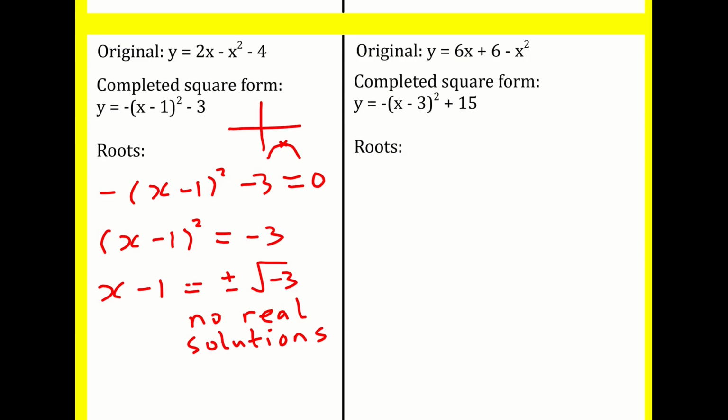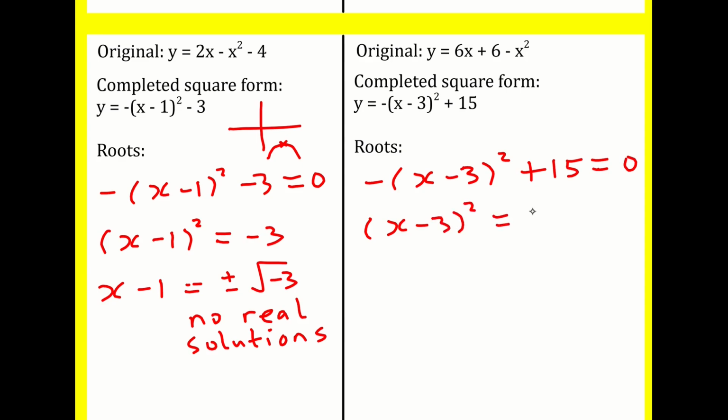Okay, it's worth talking about this one here. Similar starting point. Plus 15 equals 0. This time, though, it's going to be (x minus 3) squared equals 15, because I can add that to both sides, and we do get some solutions.